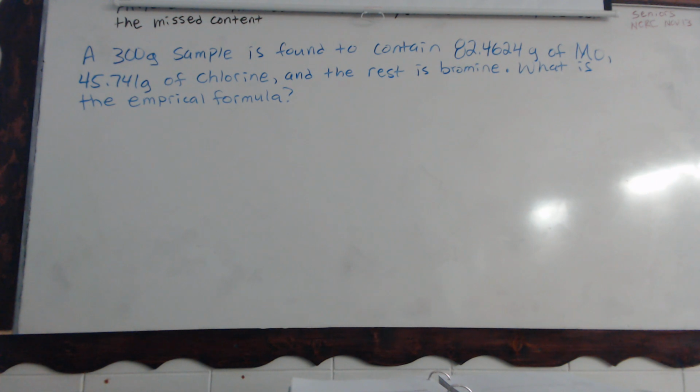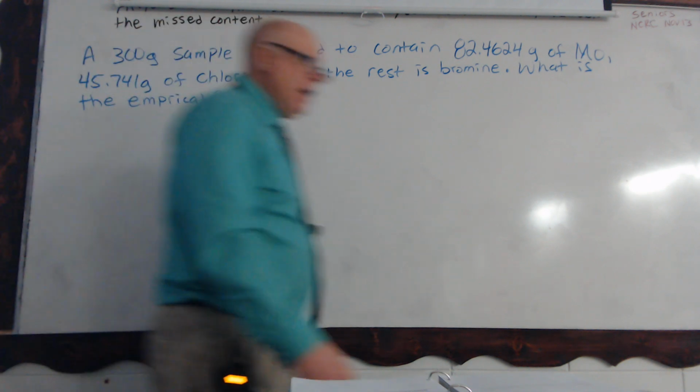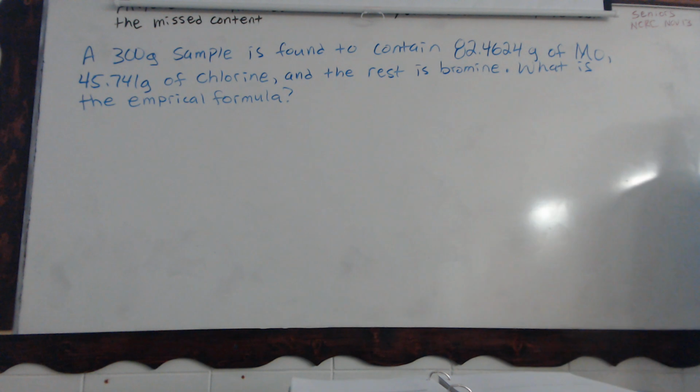And the process, whether it's a hydrate or an empirical formula or molecular formula, we all approach them in the same manner. So if you're tuning in from home or at a later time, we see this 300 gram sample that we're possibly placing in a mass spectrometer, or probably more likely a gas chromatograph.